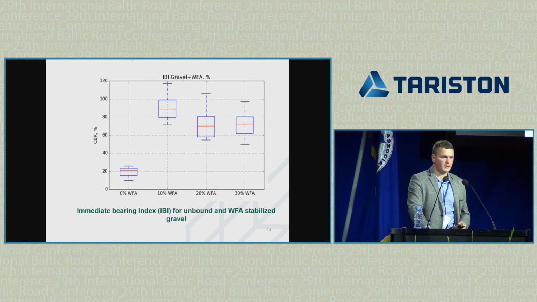Well, this material is not weak soil, it's dolomite breakstone and gravel, so we didn't expect it to be much lower. But in this case, for the gravel, you can see that CBR was actually quite remarkably increased.